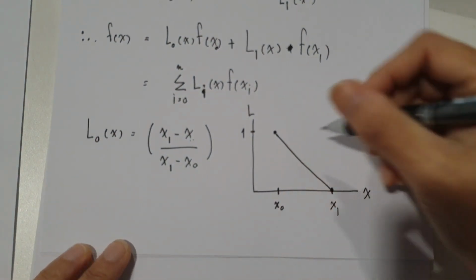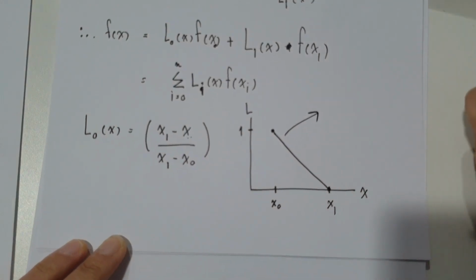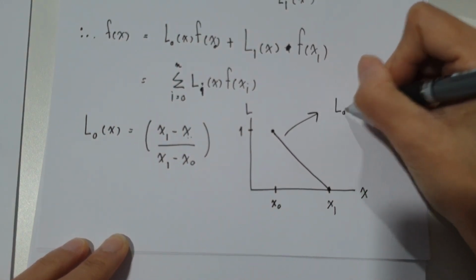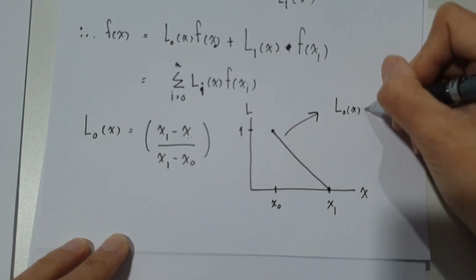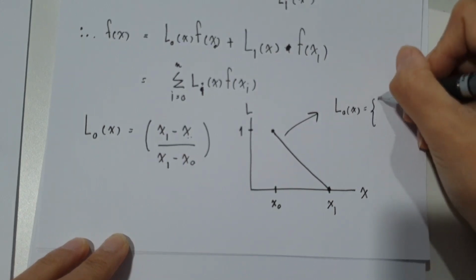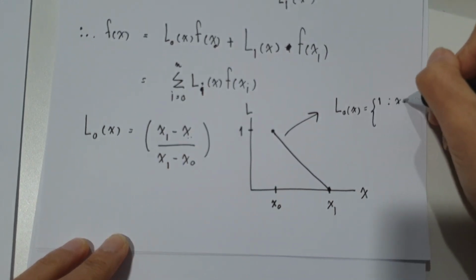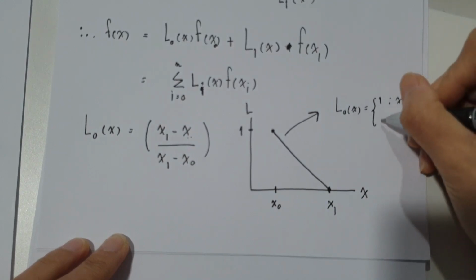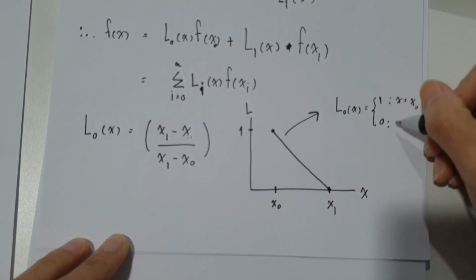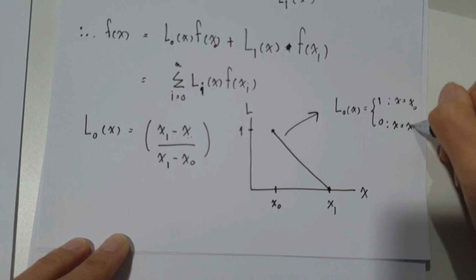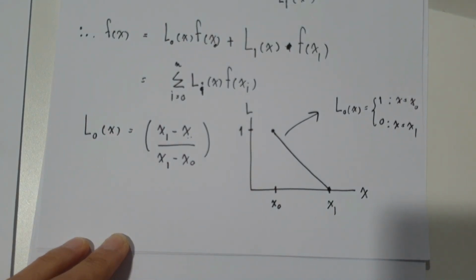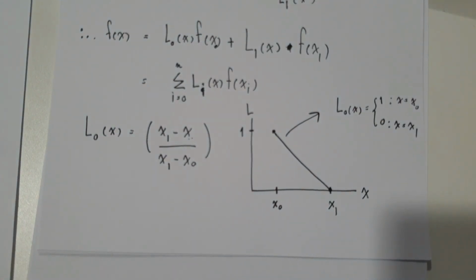From this function, what you see is that L0(x) will equal 1 if x is equal to x0, while it will equal 0 if x is equal to x1. Okay, this is the criterion for the L terms.